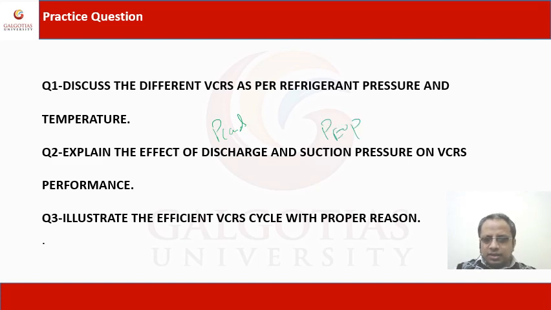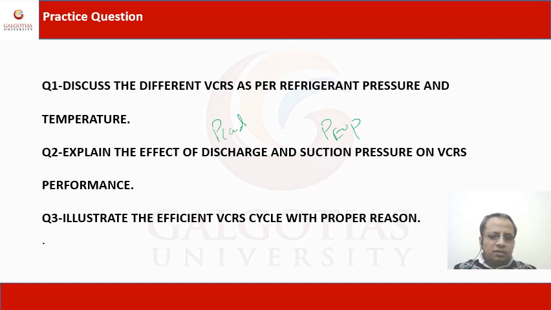So in the next lecture, I will discuss in detail the discharge line pressure and suction line pressure. Actually, it is the case of the actual or practical VCRS which is used in our refrigerator and air conditioning system.